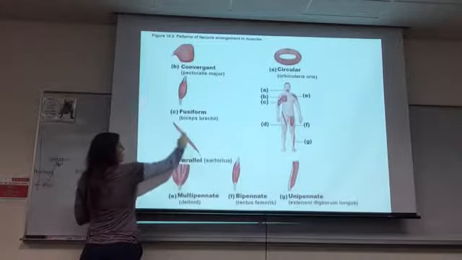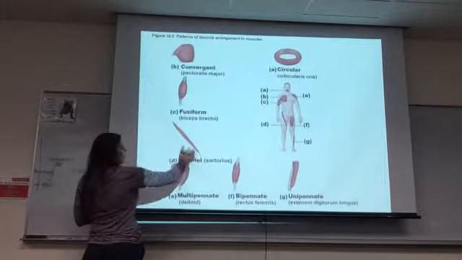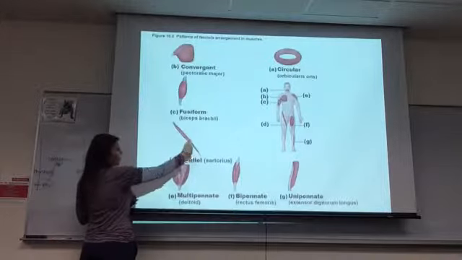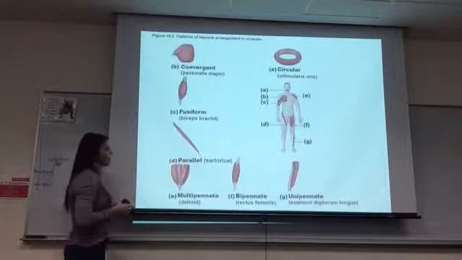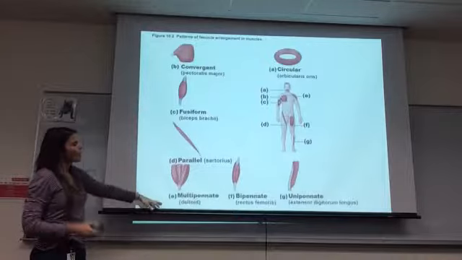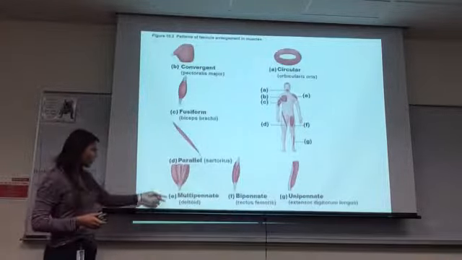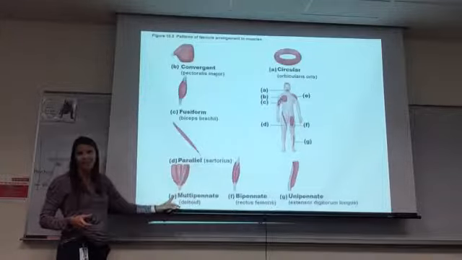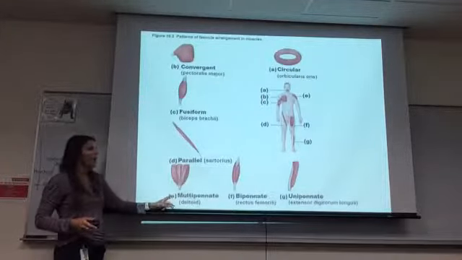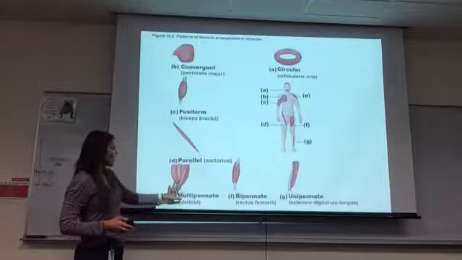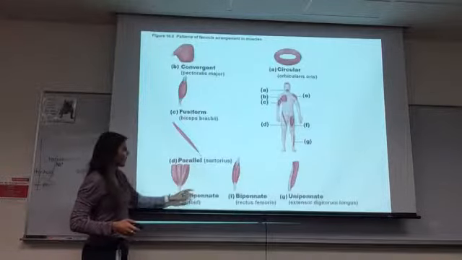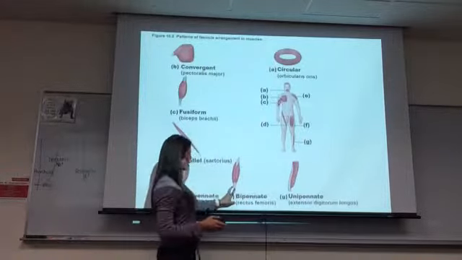Parallel, the fascicles are arranged in a parallel fashion. You can't really tell here because this isn't really high resolution. When you talk about unipennant, multipennant, bipennant muscles, that's talking about how many tendons it has attached to it. Multipennant, we have a whole bunch there. Here we have bipennant, and you actually have two there.